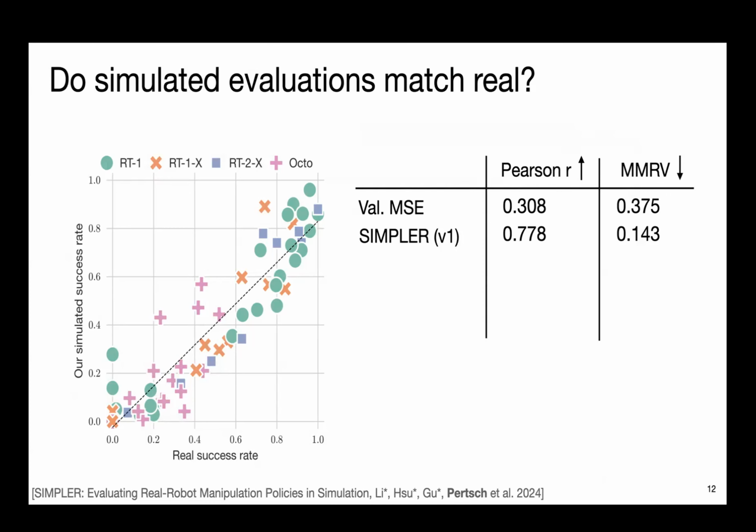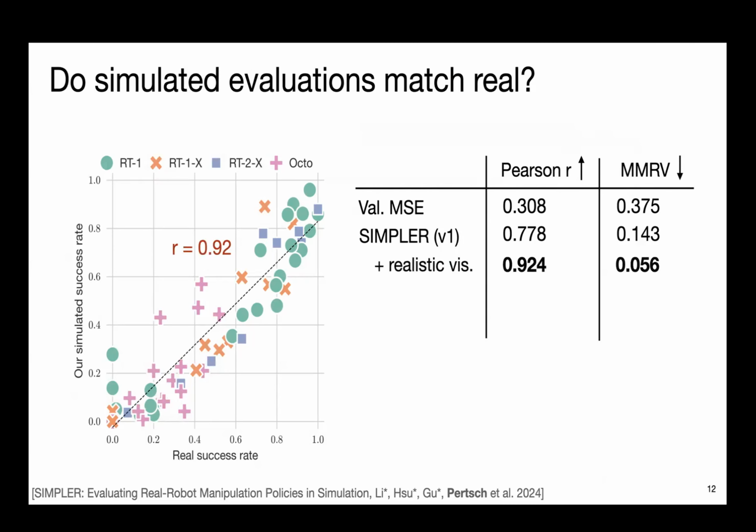You can see that the Pearson correlation of validation MSE is really, really low. Sometimes you even find that it's inverted. So that's not a great metric, and this is why we need to develop metrics like the simulation evaluation that we did here to actually try and improve over those.